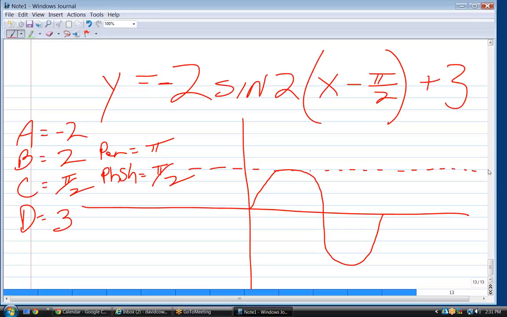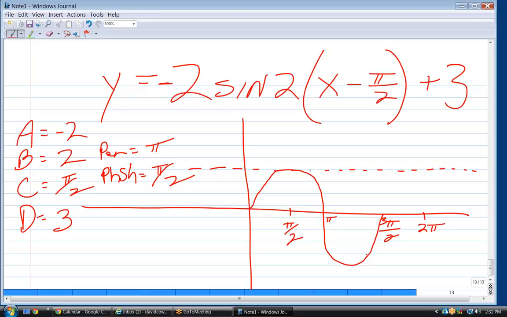The second one that should be applied is the phase shift. Where do I start my curve? The curve starts at pi over 2. Right. Where do I end my curve? Your curve ends at 2 pi?